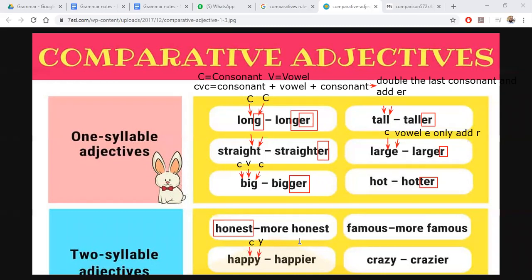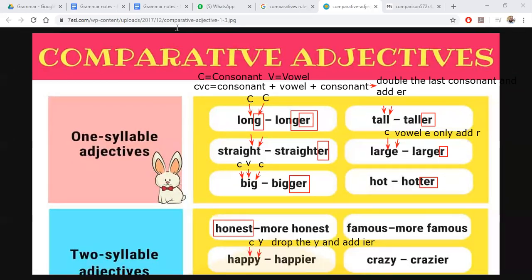So what happens when we have consonant and Y? Well, we drop the Y and add I-E-R. So when we have this combination of consonant and Y, we drop the Y and add I-E-R. As you notice in happy, the Y was dropped, eliminated.